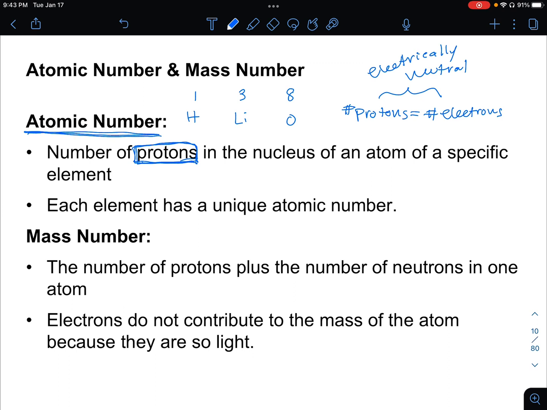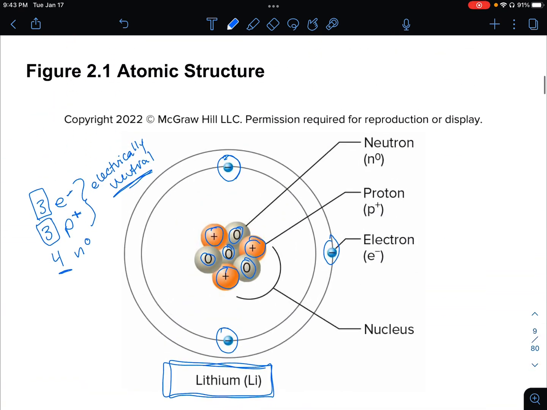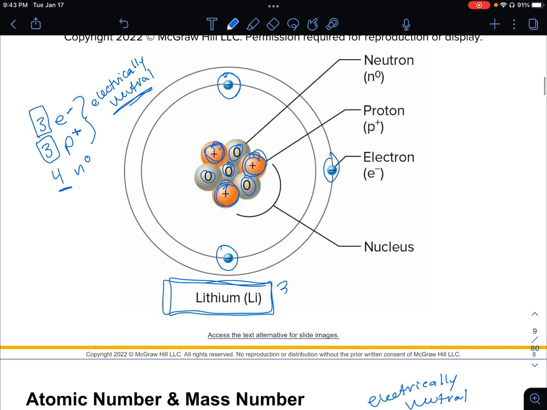So here we said the atomic number is the number of protons in the nucleus. If we look up here, this has 1, 2, 3 protons, making the atomic number 3, making this lithium. If we added another proton, and we wanted it to be electrically neutral, we would have had to add another electron.